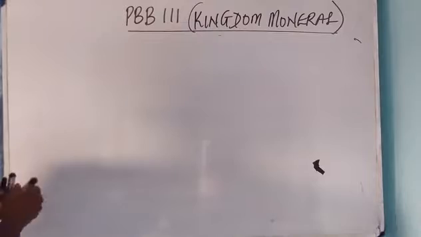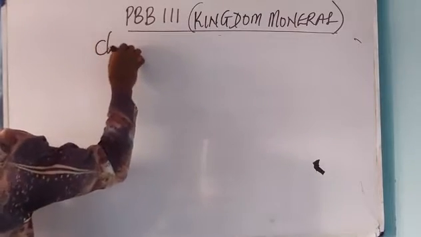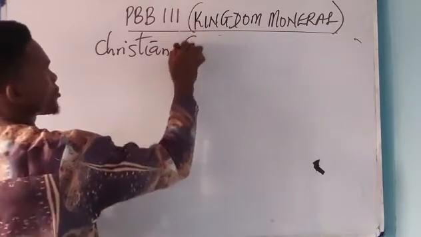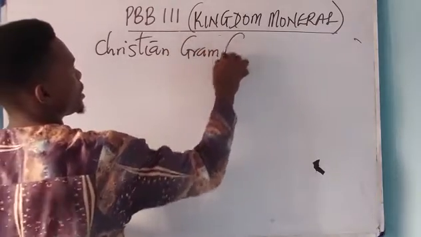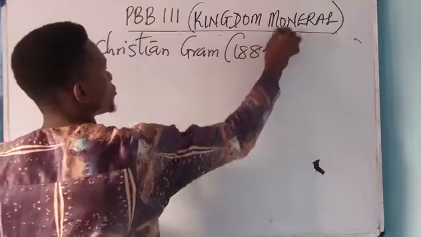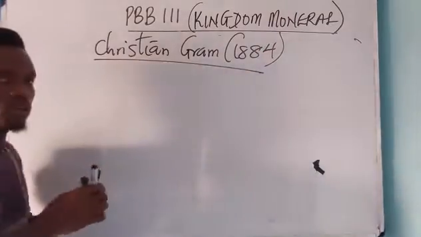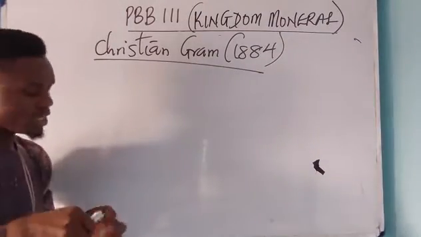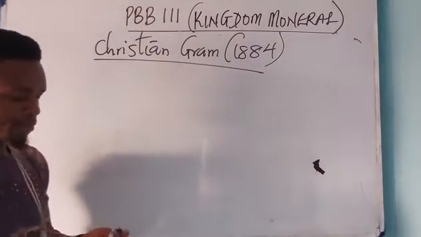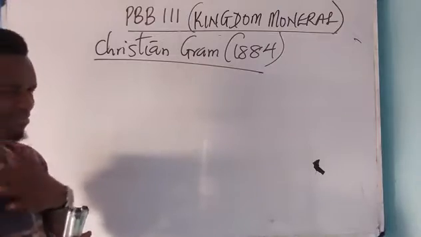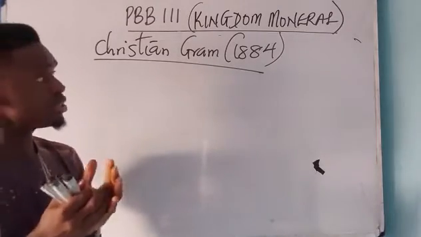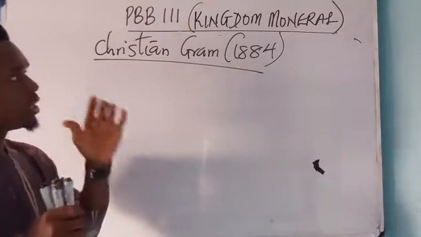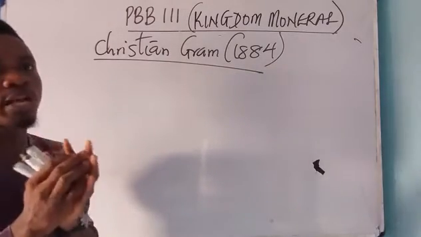Now, Christian Gram, in the year 1884. Now, he was my student. Yes, I taught him. In the year 1884, based on the nature or the properties of the cell wall, he did a particular experiment.